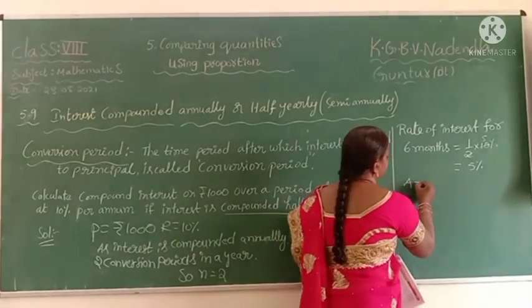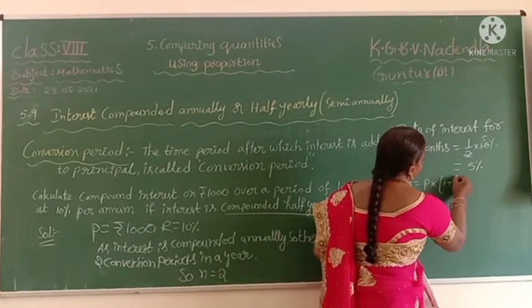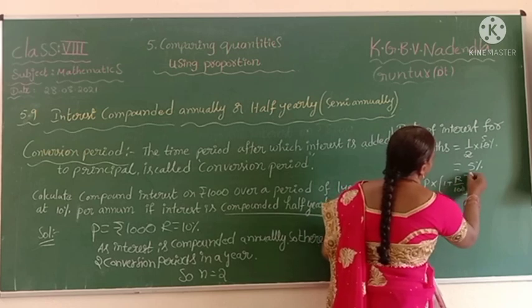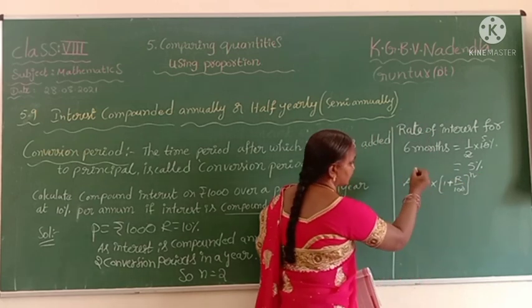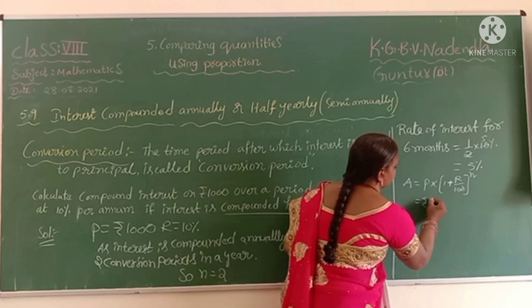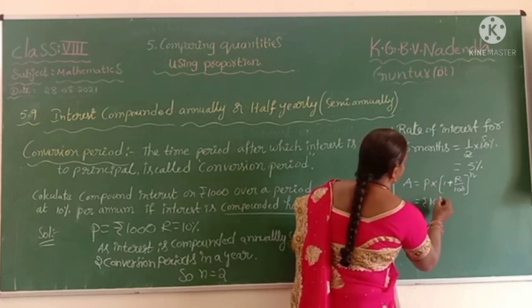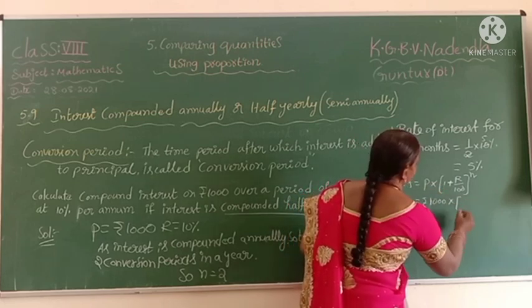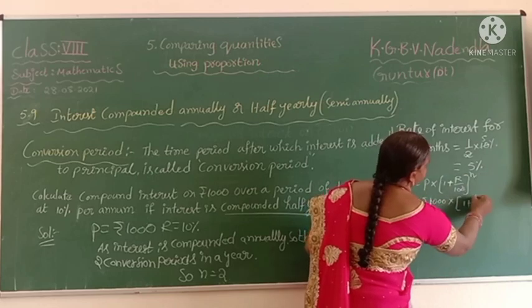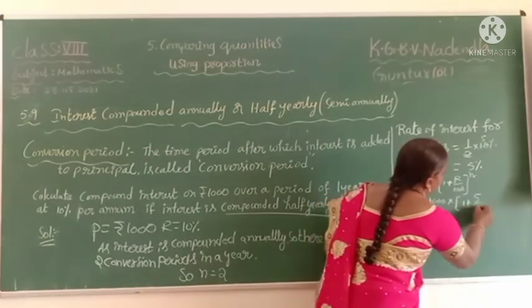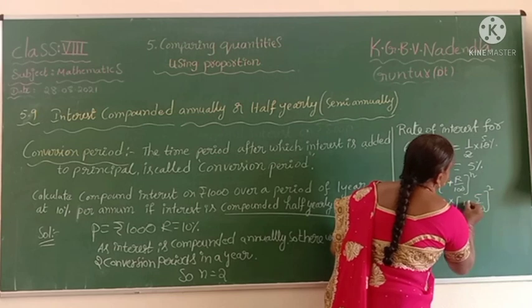Now amount is equal to P into (1 plus R by 100) whole power n. Substitute the values. P is equal to 1000 rupees into (1 plus 5 by 100) where n is equal to 2.